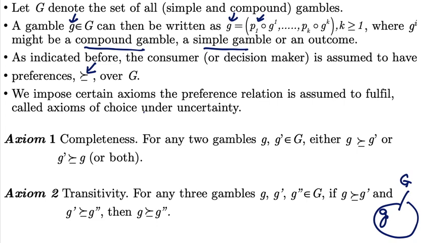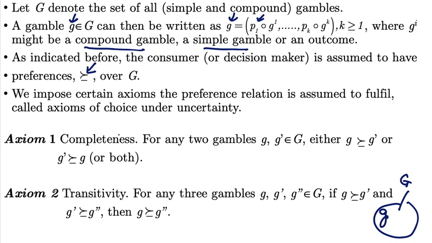There are about 6 axioms. The first and second axioms are very simple because you have seen these properties in consumer theory for the certain utility function. So let's look at the first axiom.